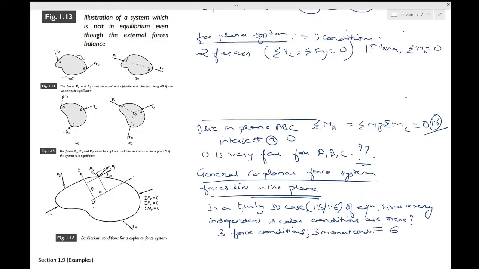The reason is all the forces which are causing this are lying on the plane. So an r cross F will always lie perpendicular to the plane. So that's why you have only one direction and hence only one condition of moment. So that makes it only 3 conditions.